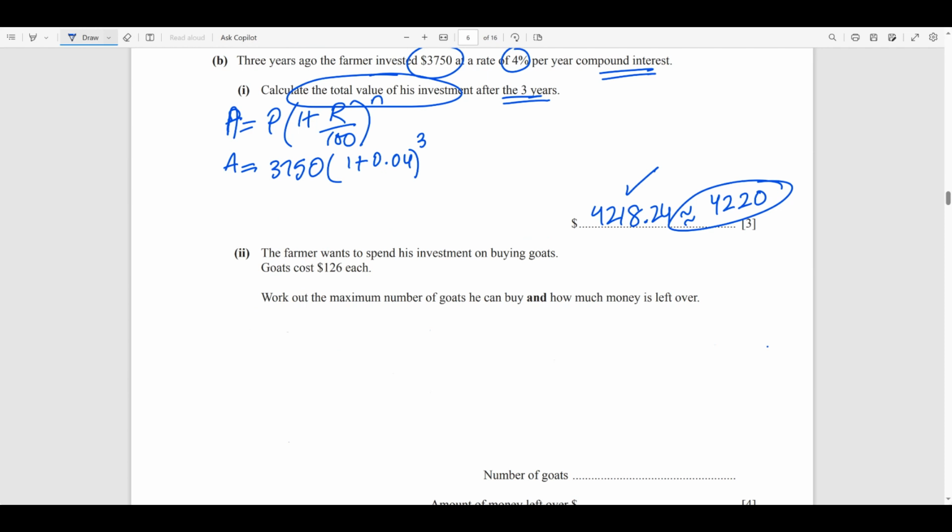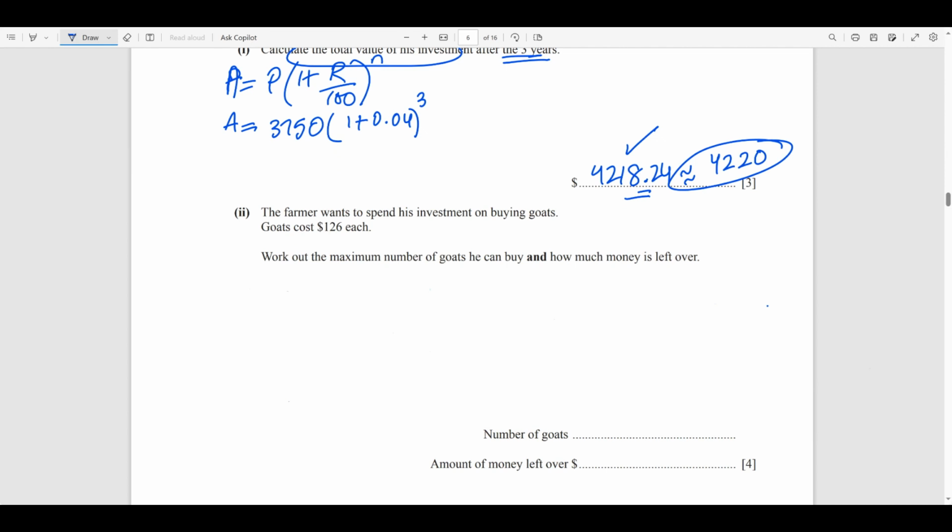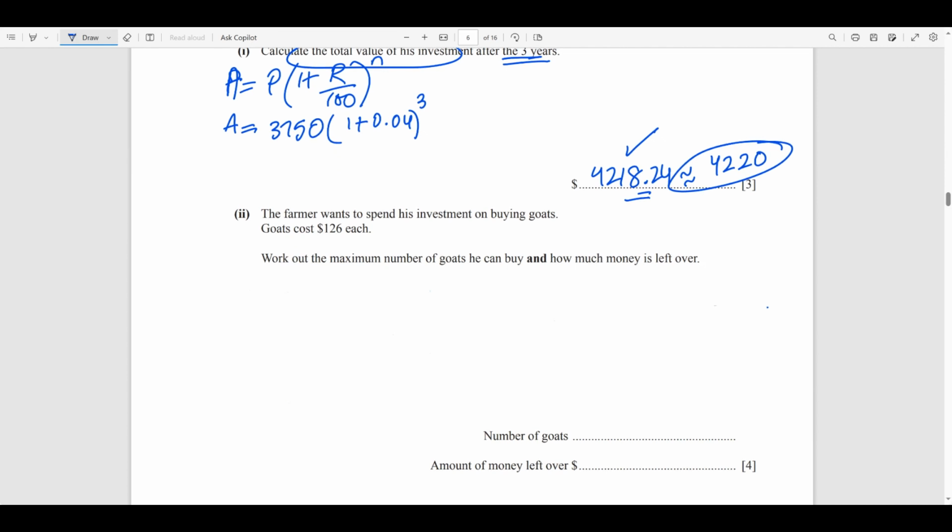Part 2 says the farmer wants to spend his investment on buying goats. Goats cost 126 each. So it basically talks about this investment. You can do it orally, dividing by 126 dollars. But for all those students who struggle in deciding when to multiply the two numbers and when to divide, I'm going to give you a quick short way.